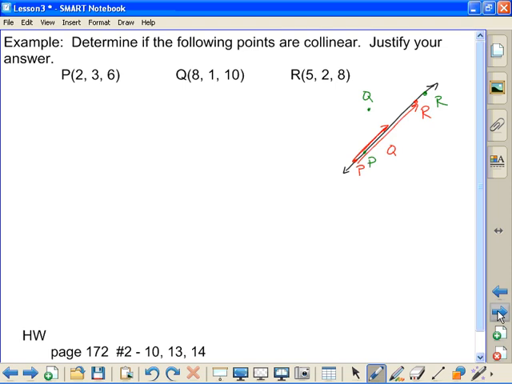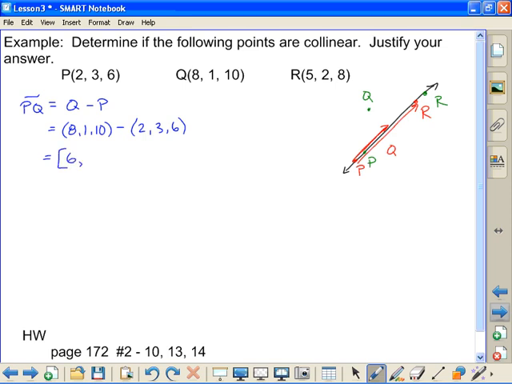So if we can show that the direction of PQ is the same as PR, then we can prove they're collinear. How do we do that? Well, we need to find vectors PQ and PR. So start with finding vector PQ, which is just Q minus P. So 8, 1, 10 minus 2, 3, 6. Do the subtraction. Now I have a vector.